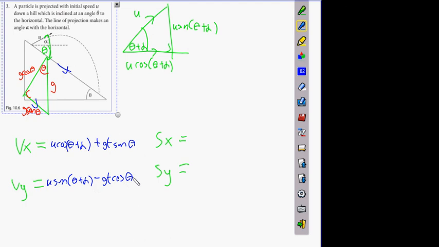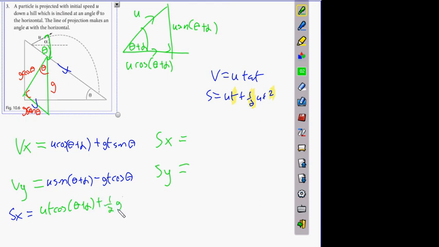It's 0, and then the next one, sx. Remember, phi equals u plus at. ut cos (theta plus alpha). So the extra part is the t, the squared, and the half. ut cos (theta plus alpha) plus a half gt squared sine theta.